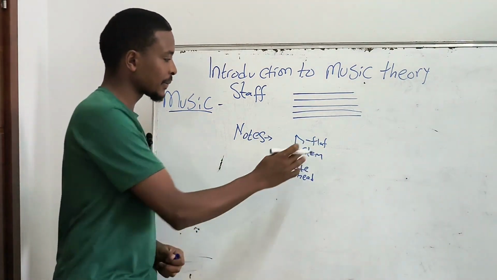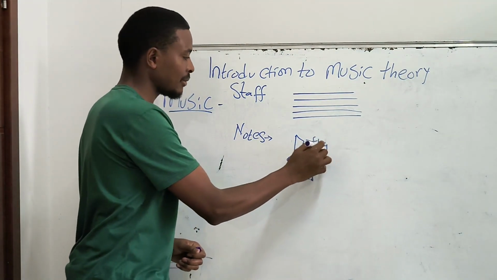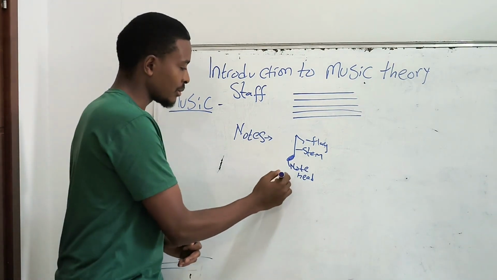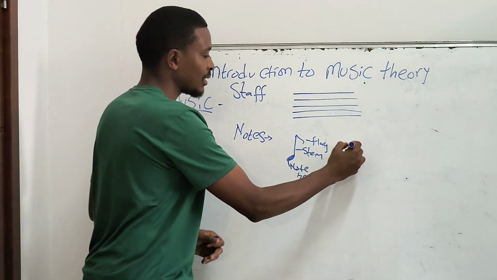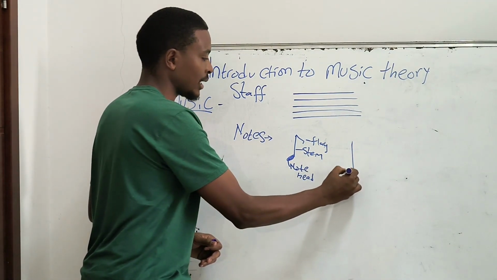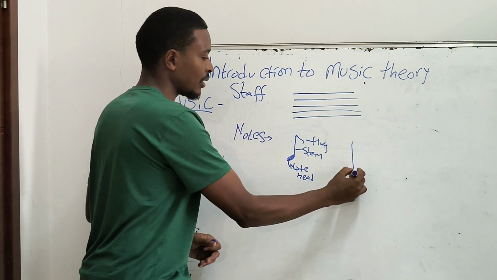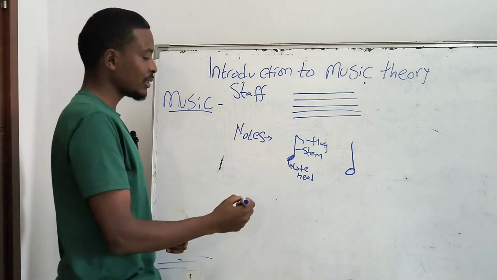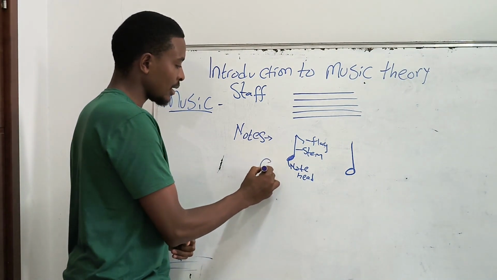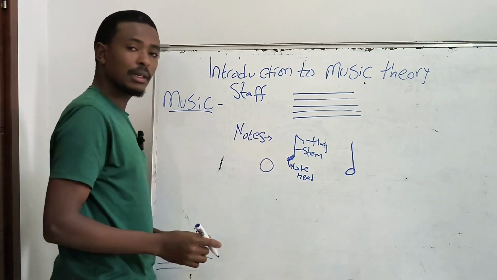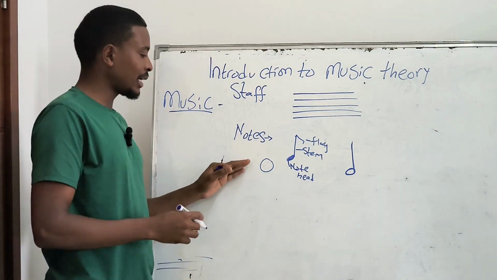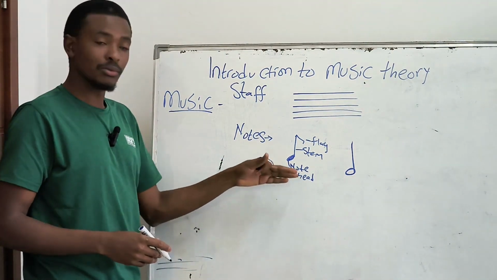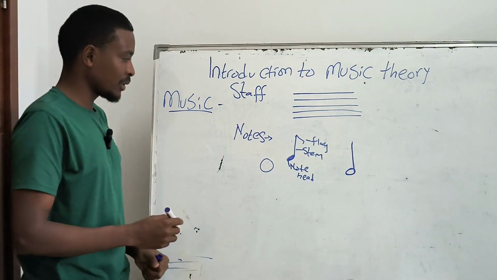Some will have a flag, others won't. Others you will find with an empty note head, just an oval-shaped note head, or just a circle. These are the normal notes that you're going to find in your music.